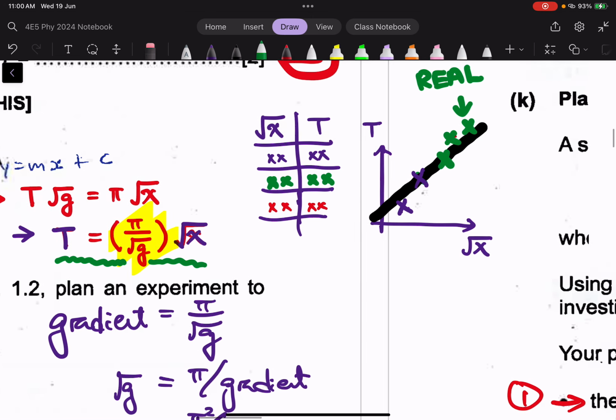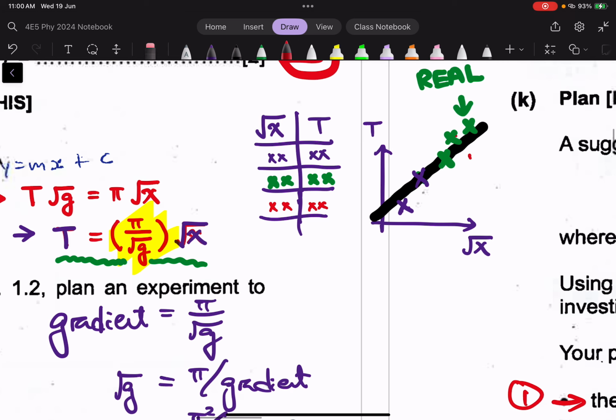Then what happened is that now you realize that by plotting this best fit line, you can actually get its gradient, right? And the gradient here that you calculated basically coincide with this chunk of expression.